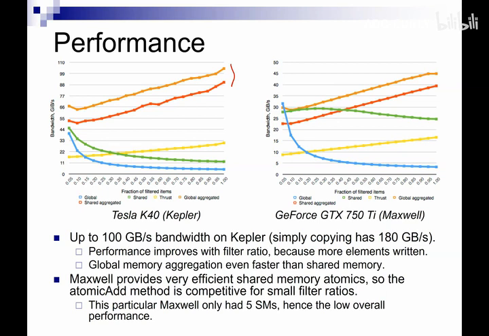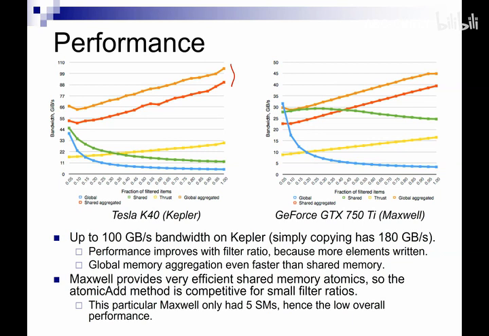If you just do something like simply copying values over, the global memory bandwidth on this Kepler card is only about 180 gigabytes. So they got about half the maximum possible performance based on the memory bandwidth bound using these algorithms.